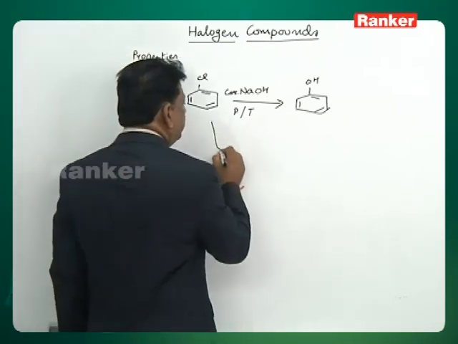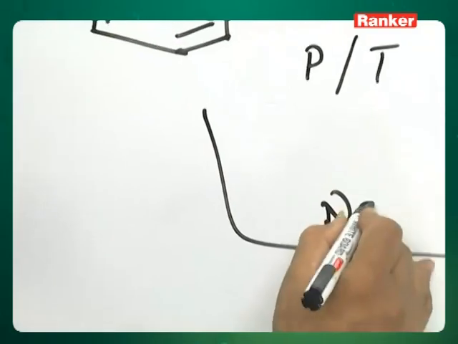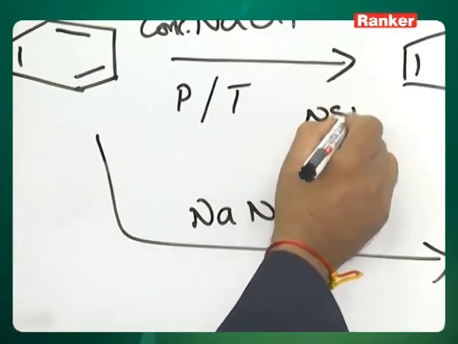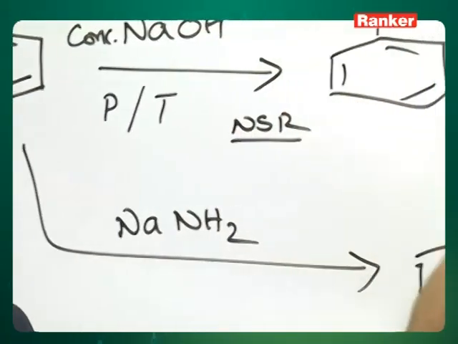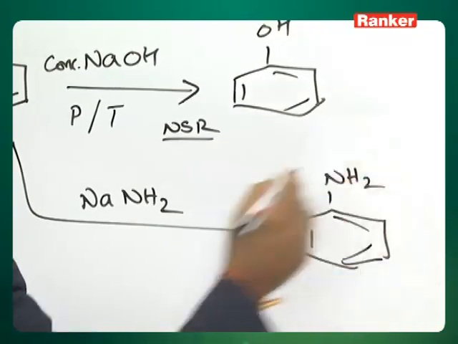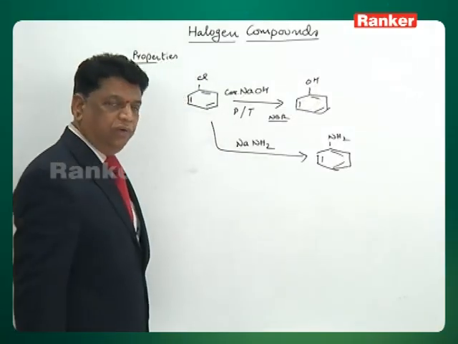But if the same compound is treated with sodamide, NaNH2, we expect the same type of nucleophilic substitution and you will get an amino compound. This also we take for granted as a nucleophilic substitution.